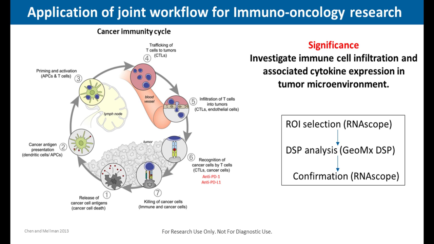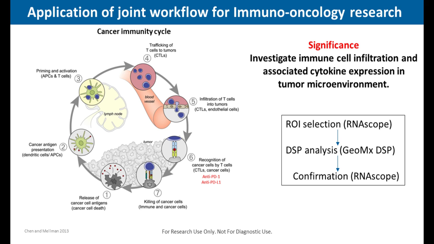The second step, as I mentioned, is to perform the digital spatial profiling using the GeoMx on these identified regions of interest. And then the third step is to validate or confirm the data that you get from your GeoMx DSP, again with that single cell and single molecule resolution with RNAscope.